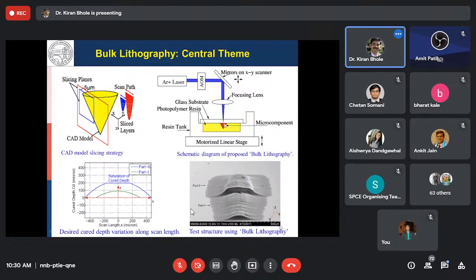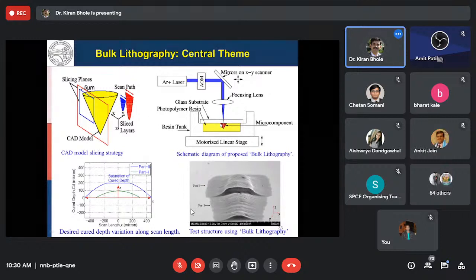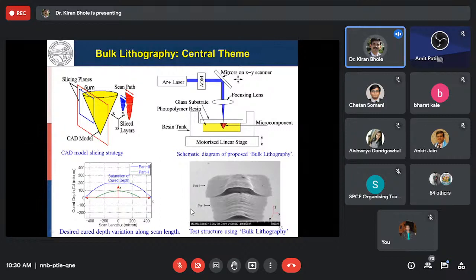Now when we are slicing it in this particular way, the first slice is formed by scanning in X direction, and while scanning in X direction, energy is varied. When energy is varied, the cure depth varies and the first slice is getting developed. So in one line scan, the entire 2D structure is developed here.